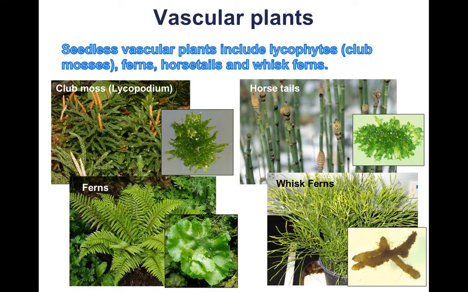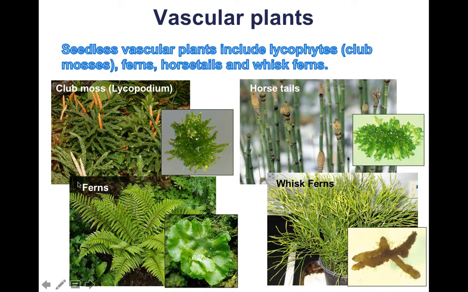So the vascular plants are going to include a group of plants that are going to be called the Lycopodia, the club mosses, the lycophytes. You may have seen this growing around the forest. Sometimes people refer to this as ground pine. These are all going to have a dominant sporophyte.